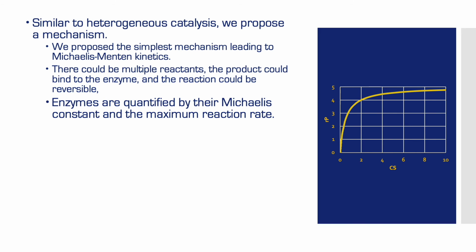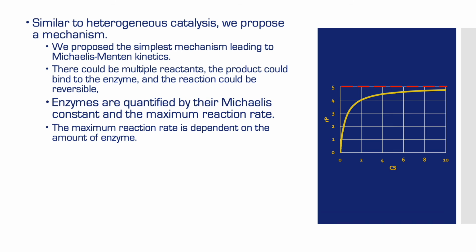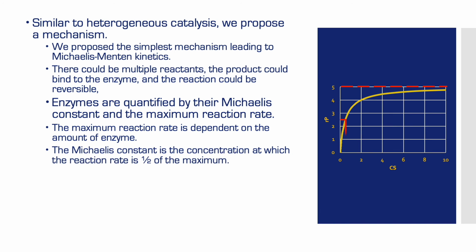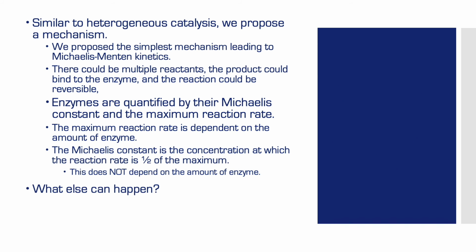Enzymes are quantified by their Michaelis constant and maximum reaction rate. The maximum reaction rate is dependent on the amount of enzyme. The Michaelis constant is the concentration at which the reaction rate is half of the maximum. This does not depend on the amount of enzyme.